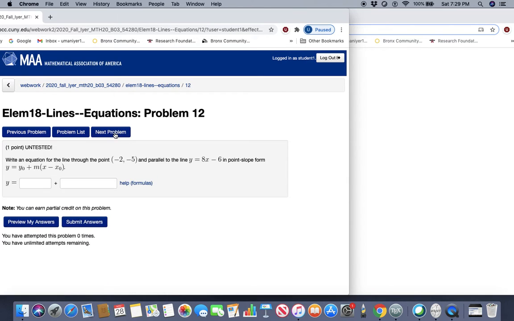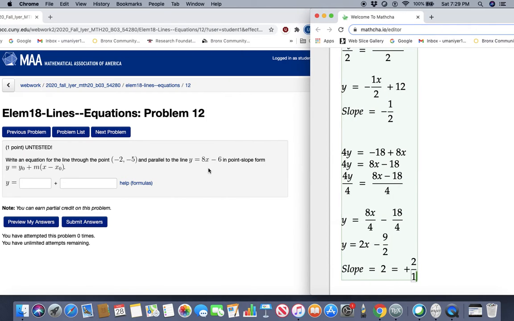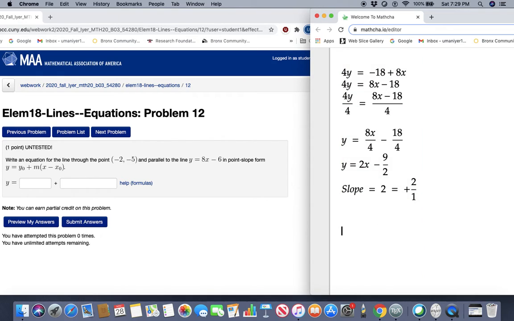Next. Write an equation for the line passing through this point and parallel to this line. Notice this line, so parallel means my line should have an equal slope. So this is problem 12.